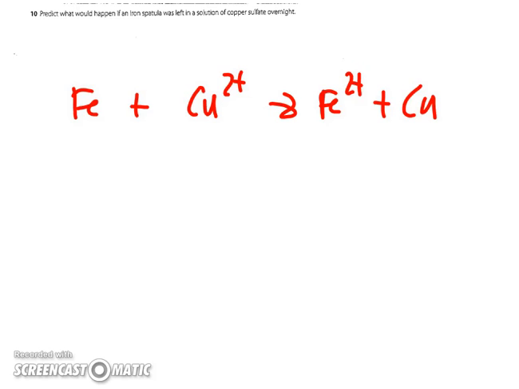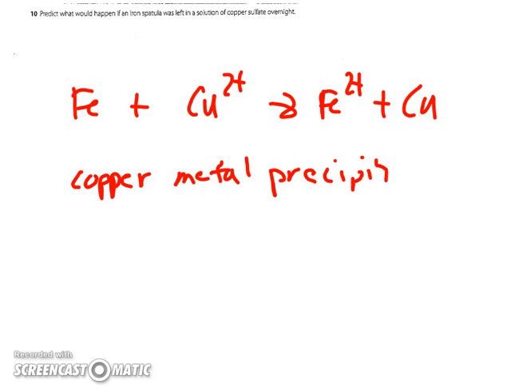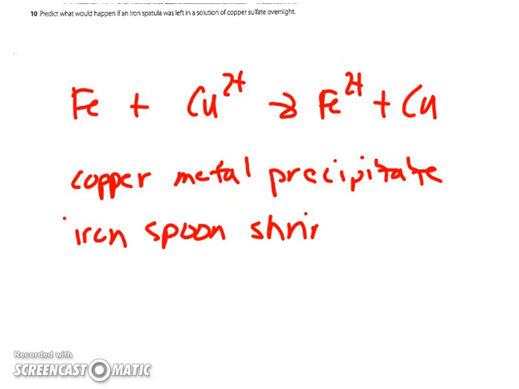So what they want to know is what would you actually see, and what you would see is copper metal precipitate. You should see the iron spoon get smaller. And the last thing that IB would expect you to know is that copper sulfate, copper always has a characteristic blue or turquoise color.